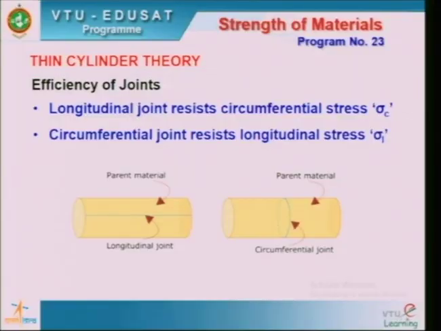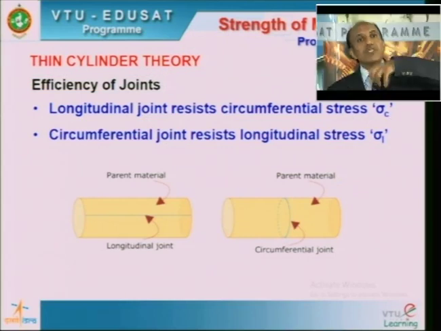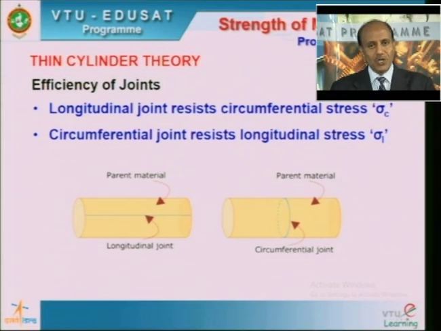What is the first one? The longitudinal joint. Perpendicular to the longitudinal joint, you have the circumferential stresses acting. In the second case, you have the circumferential joint, and perpendicular to that you have the longitudinal stress acting. So you have something to understand, common sense: which joint should be stronger, the longitudinal joint or the circumferential joint? Please analyze.